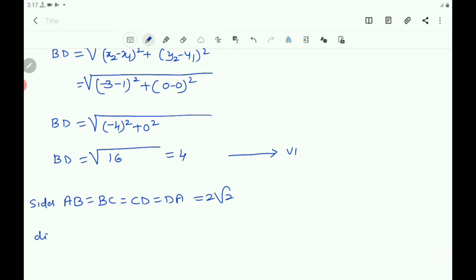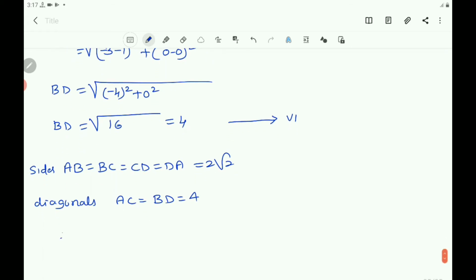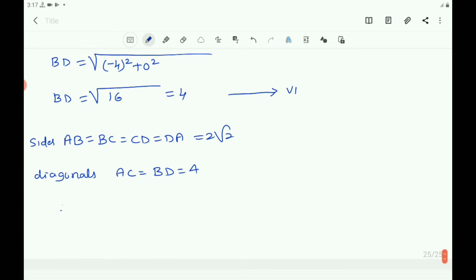And diagonals AC equals BD, both are equal to 4. Therefore you can say that all the sides are equal, diagonals are also equal. The figure is a quadrilateral and also it is a square. ABCD is a square, right?